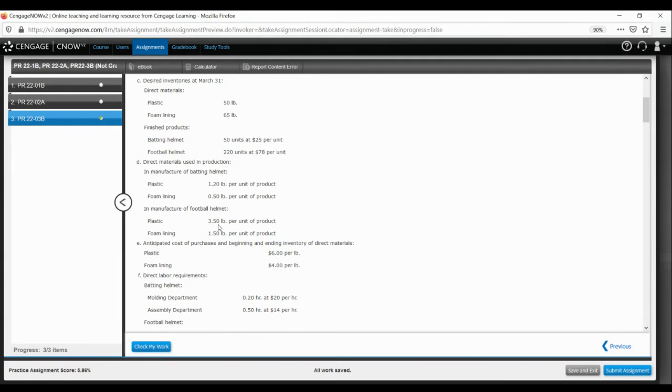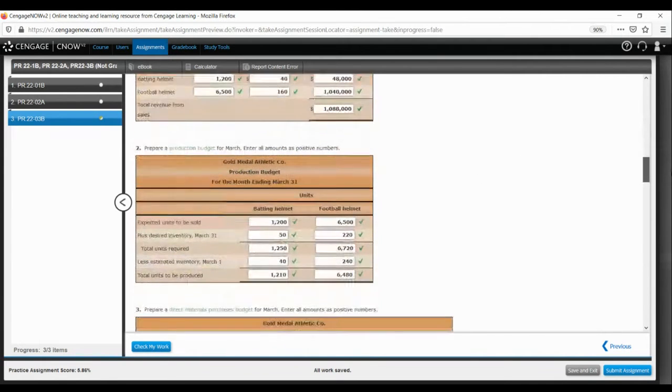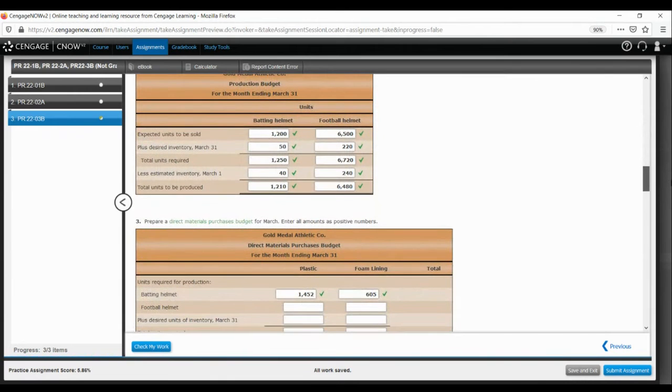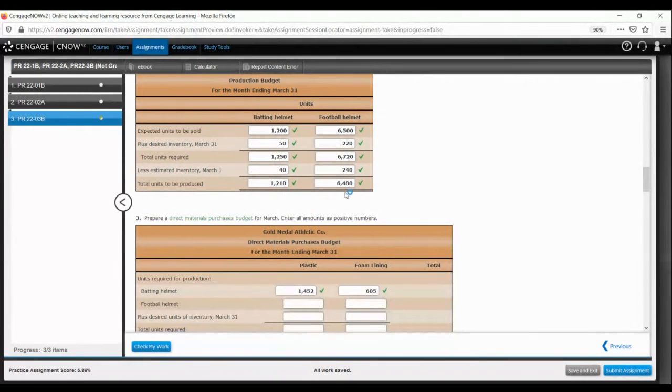The plastic is going to take 3.5 pounds. So 3.5 pounds is going to be multiplied by the 6,480, and what we're going to get is 22,680 as the amount of plastic that we're going to need for our football helmets.